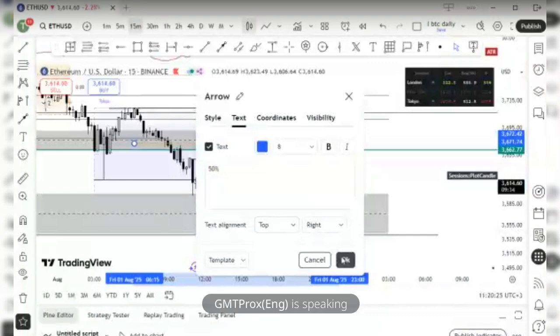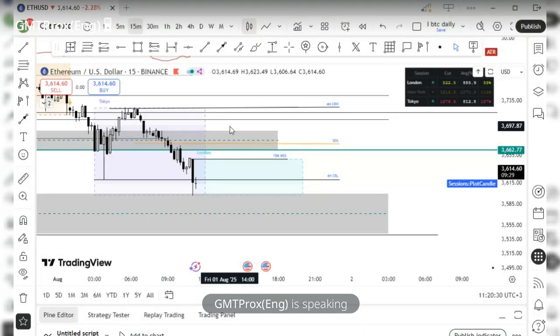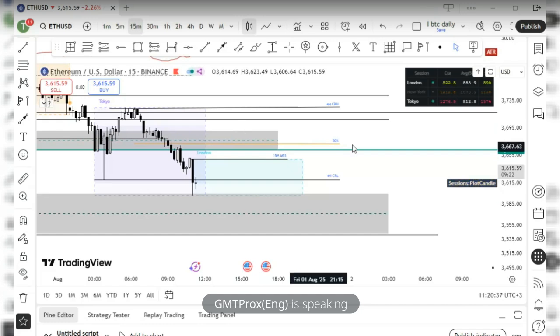Above 50, this is our premium level. Premium level means it's a level where price is very much expensive. Buyers cannot buy above 50. Don't buy above 50. You need to buy below 50. That's what you need to do.